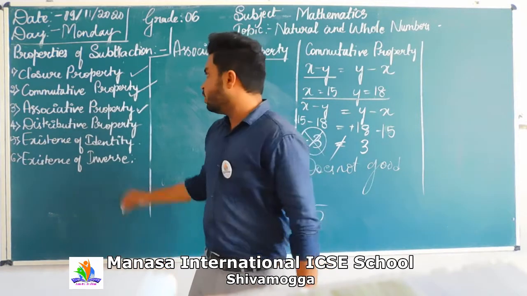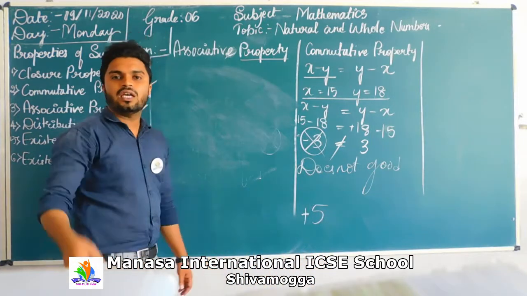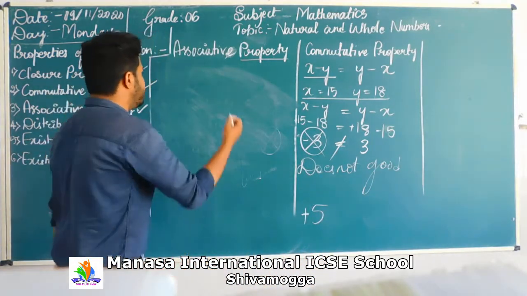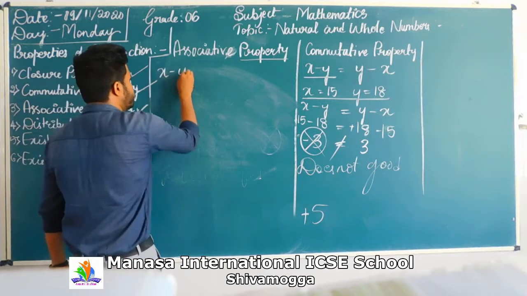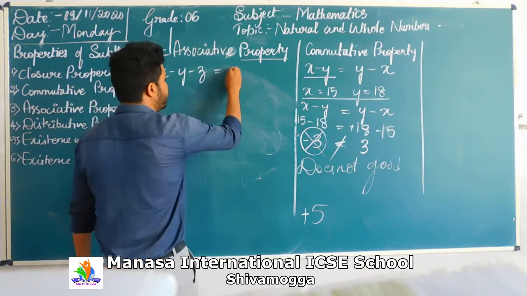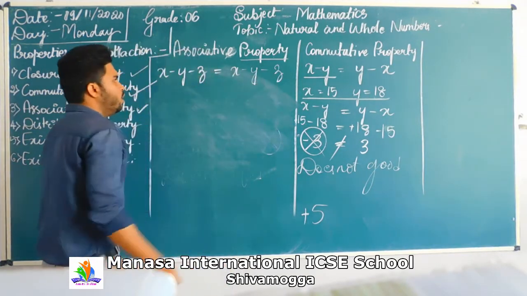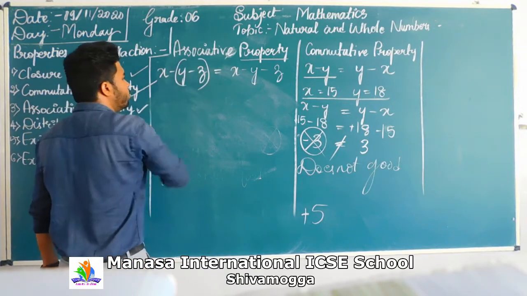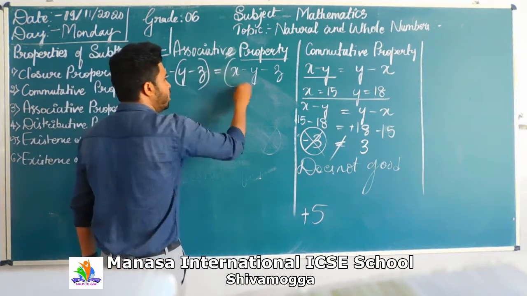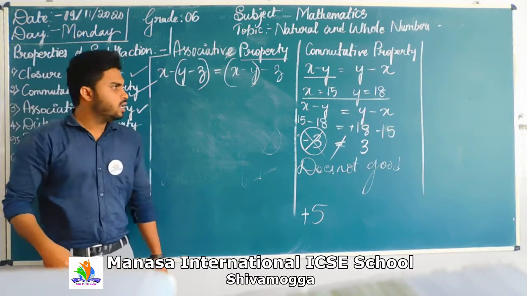So students, see here, third we are going to study the associative property. Take any three numbers. Let us take x minus y minus z. Again take the same thing, x minus y minus z, and now group them.